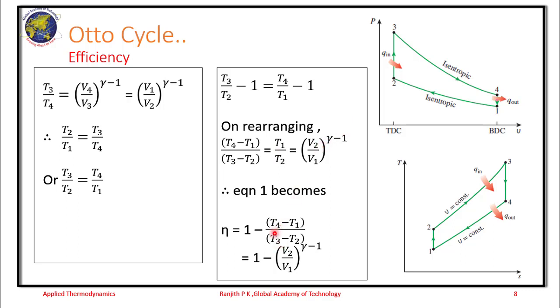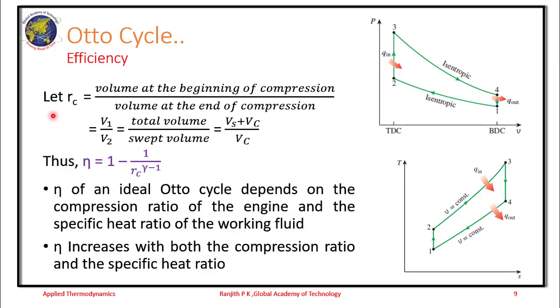So what we have done here is the intermediate expression for the efficiency, which was originally in terms of the temperature, is now written in terms of the ratios of volumes, that is V1 and V2. Let us call Rc the ratio of volumes, that is volume at the beginning of compression divided by volume at the end of compression, that is V1 by V2.